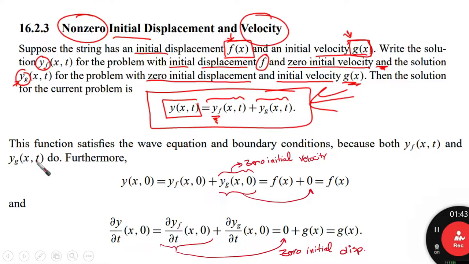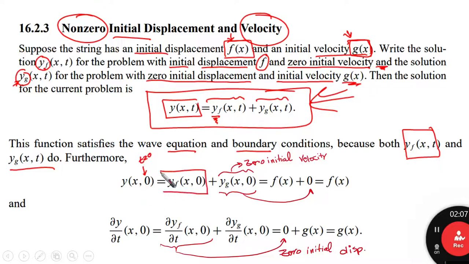This function satisfies the wave equation and boundary conditions because both y_f of x and t and y_g of x and t do. As you can see, for example, y of x and 0, which means at t equal to 0, what is going to happen?